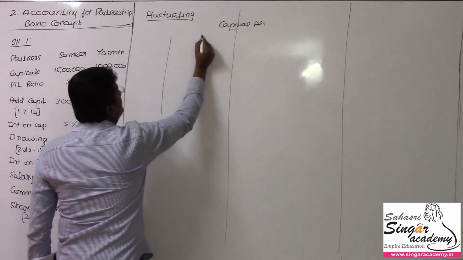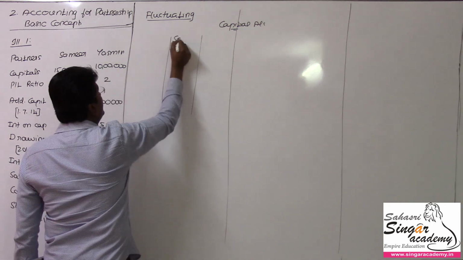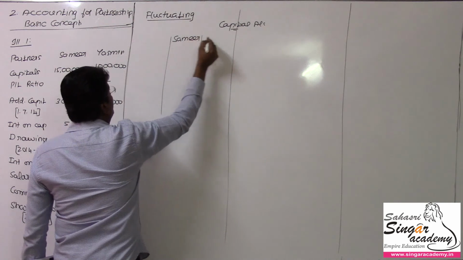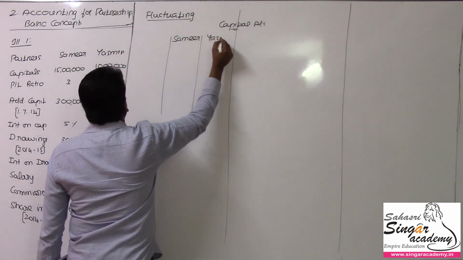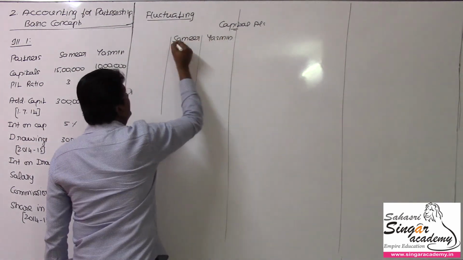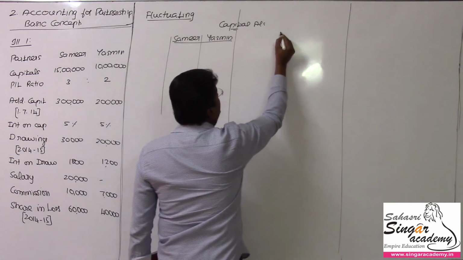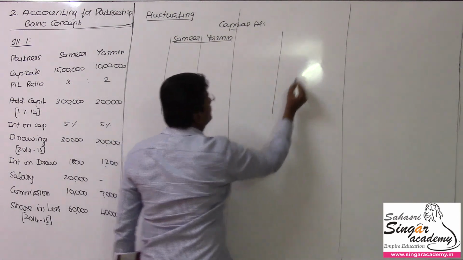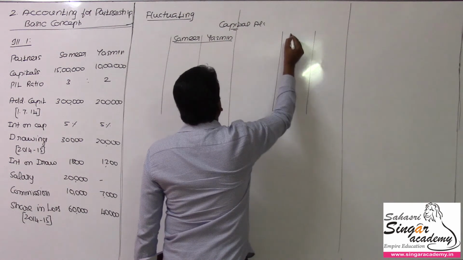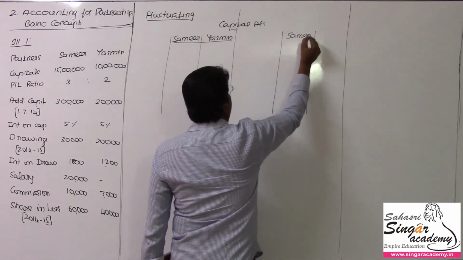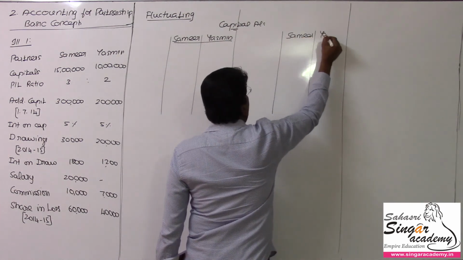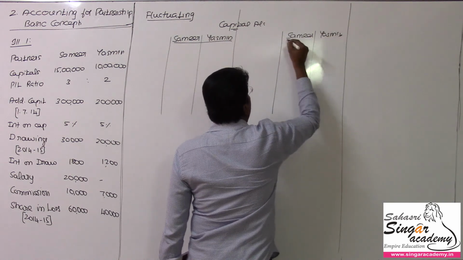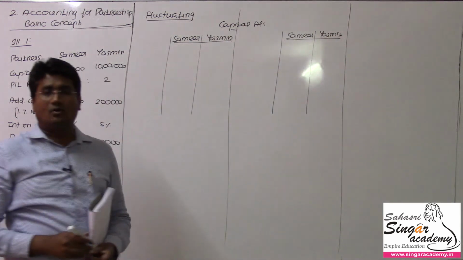Two columns are open on the debit side. Similarly, on the credit side, we need to open the 2 columns, Samir and Yasmin. Right, we have opened all these accounts here.